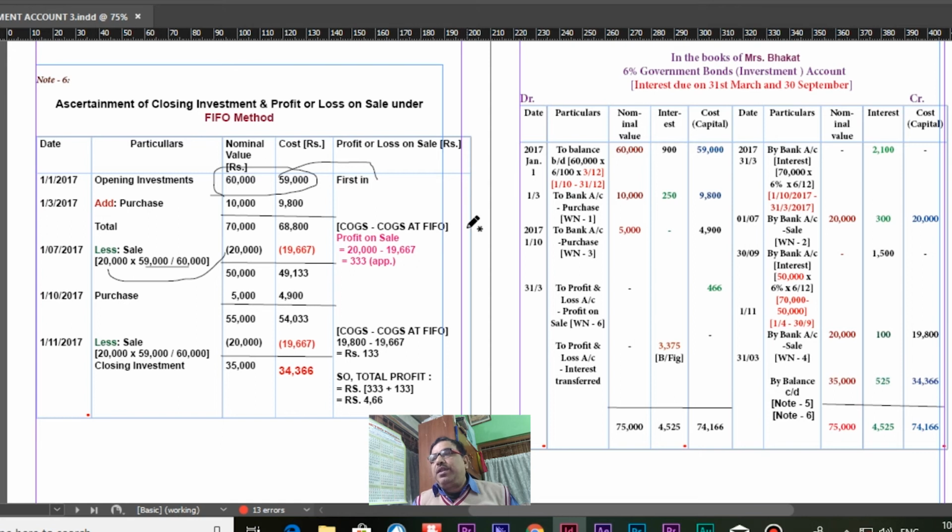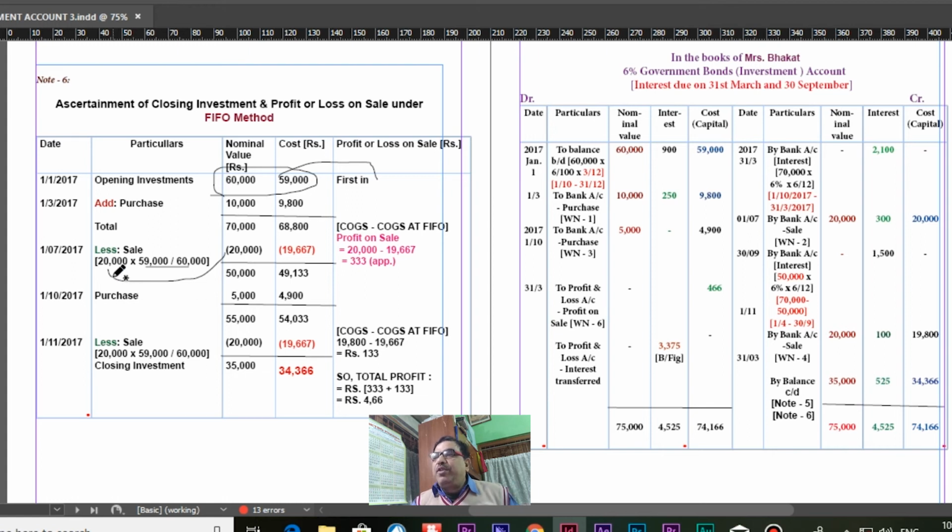Mind it, that method is applicable here and it is to be applied. If it were under weighted average method, then I had to apply weighted average method in place of FIFO method. But it is under FIFO method, therefore apply FIFO method.